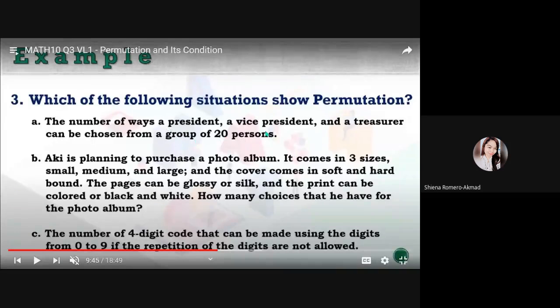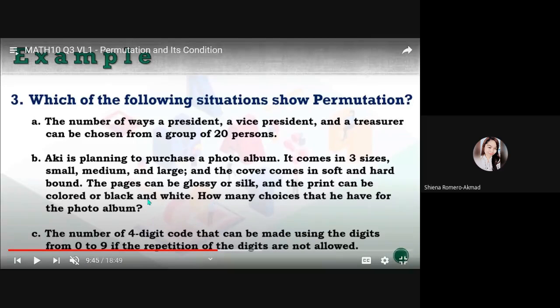Okay? And at the same time, it involves a certain group of persons where you are just choosing from a group, like this. So, that is why letter A is permutation. So, how about letter B?